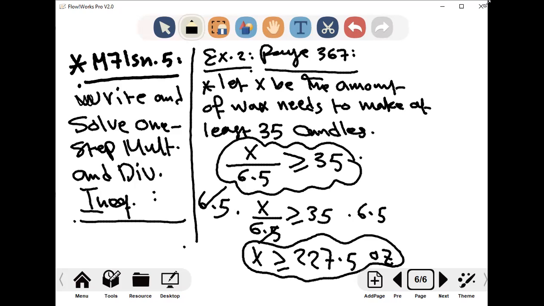For each one popsicle, he needs how much? 7.5 ounces of juice. I mean, I have an amount of juice from which I want to make popsicles. Each 7.5 ounces makes one popsicle. Got it? So I will divide this amount of juice to know how many 7.5s are inside it, right? The number of the 7.5s is the number of the popsicles.